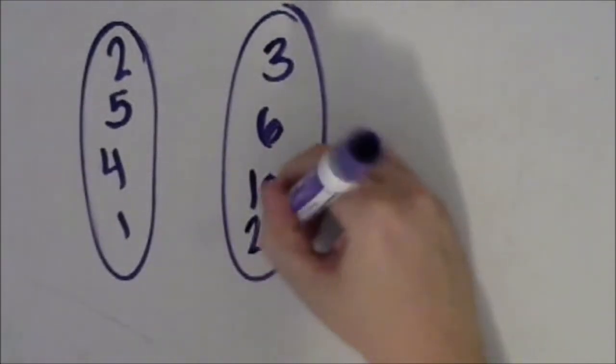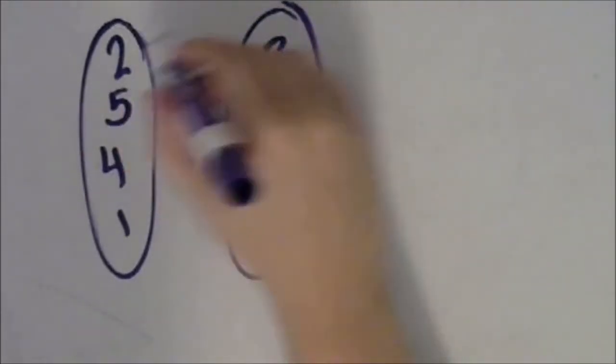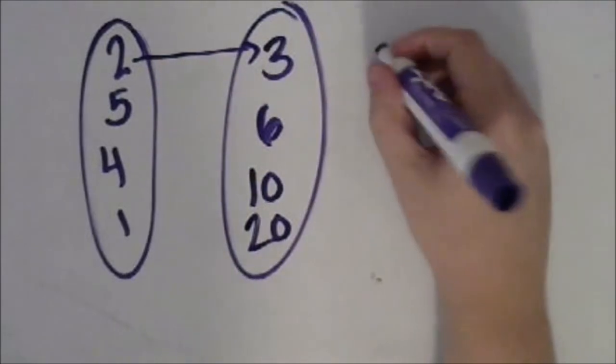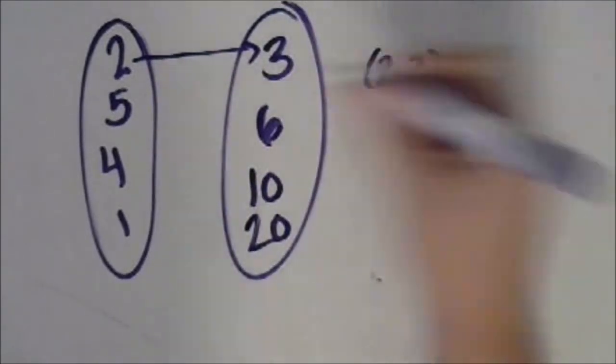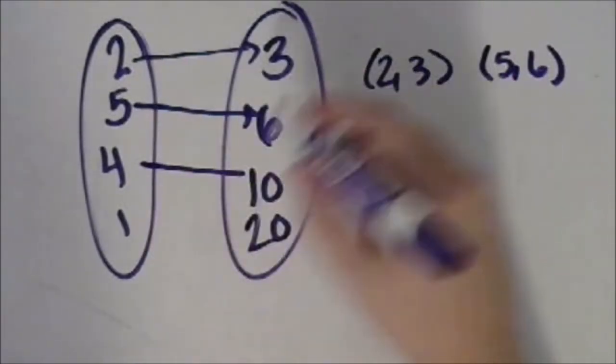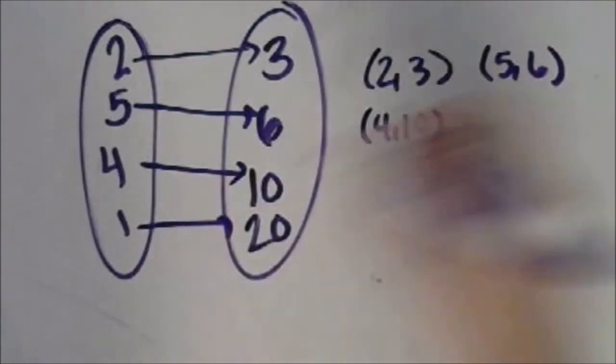This example happens not to be. But then it corresponds each point with an arrow. So how are the values corresponded? We have 2, 3. We have 5, 6. We have 4, 10. And we have 1, 20.